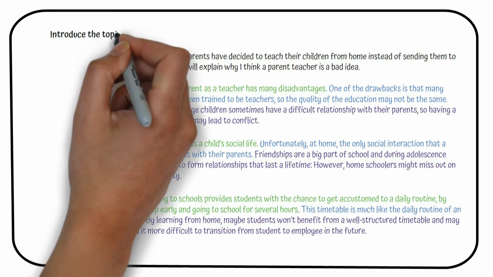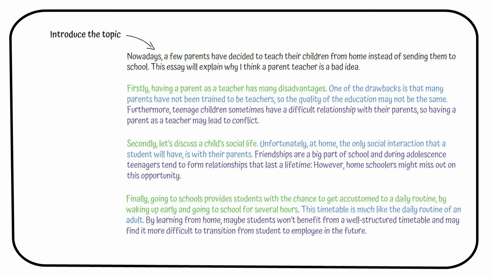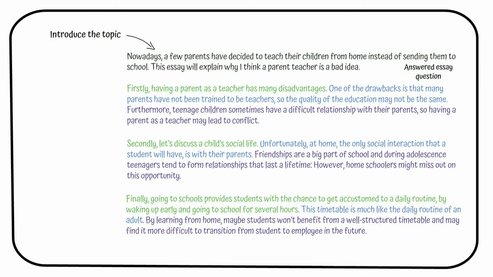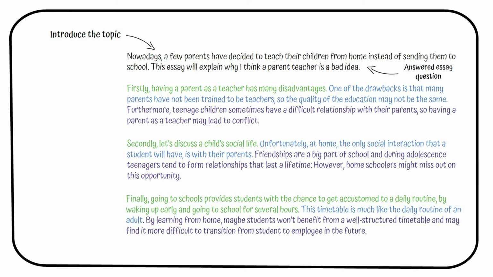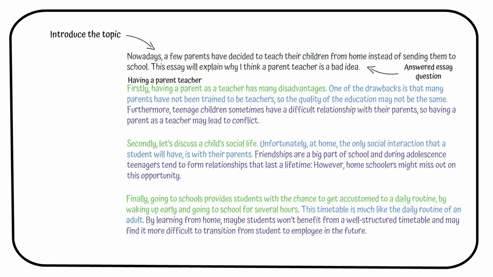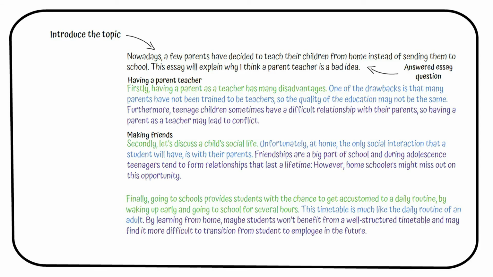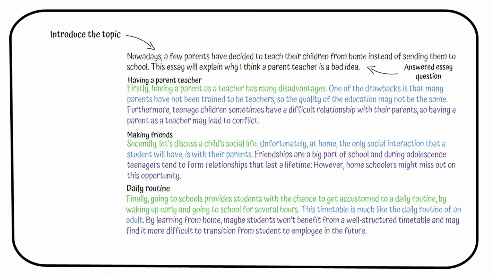Remember, to start our essay, we introduced the main topic. Then we answered the essay question. We wrote our first paragraph about having a parent-teacher. And now you can see my last two paragraphs about making friends and the daily routine.